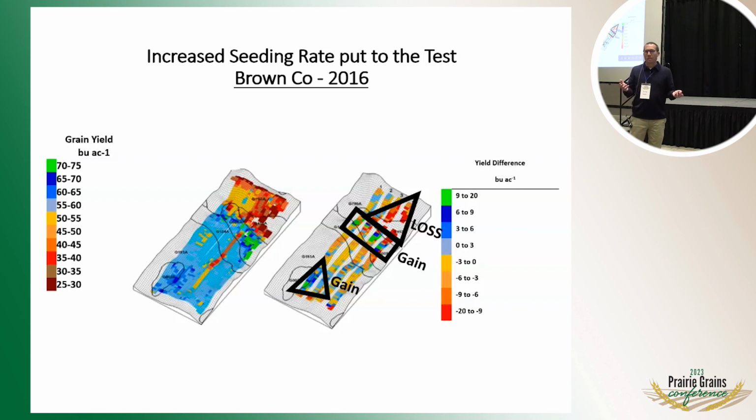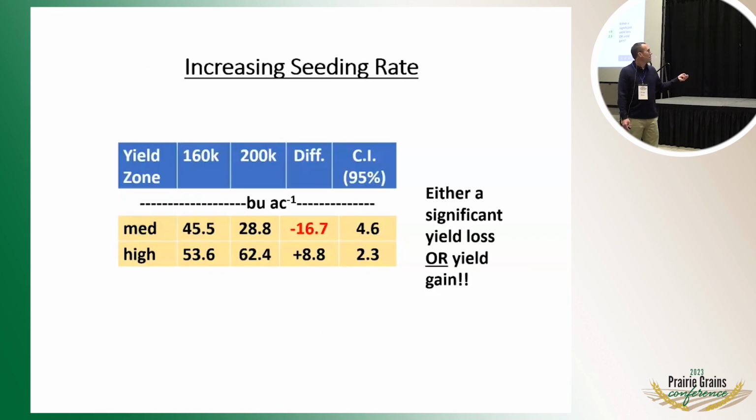So remember when we just averaged those 4 strips, it said there was nothing there. Laser there? There we go. Just covered it up with my finger. Anyway, it looked like there was nothing there. But when we break out the results, and this is on the website, at 200,000 seeds per acre, look at our medium yield zone, which was on the hill, look how much yield was lost by increasing that seeding rate.